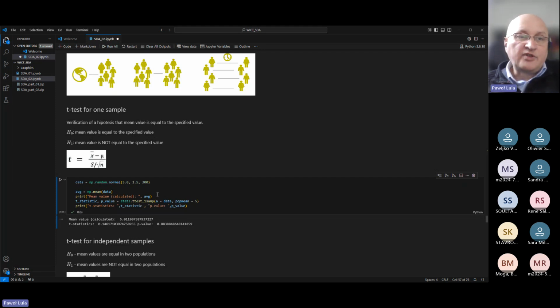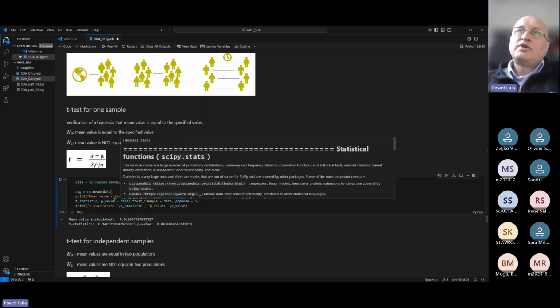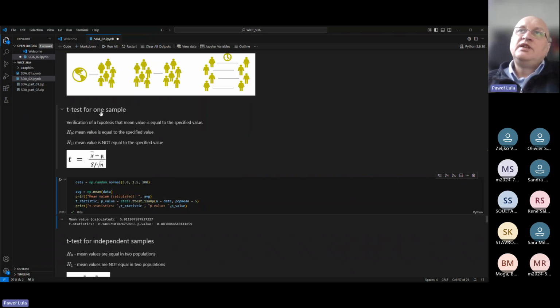Therefore, we have no reason to reject this zero hypothesis. It was the first form of the t-test. We use this test when we want to check if a mean value for the whole population is equal to a specific value.